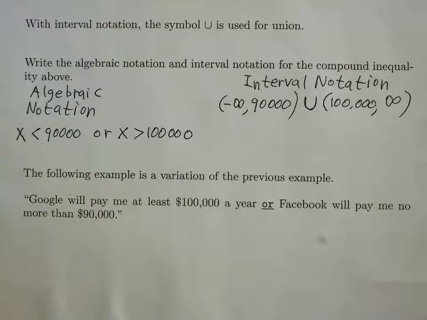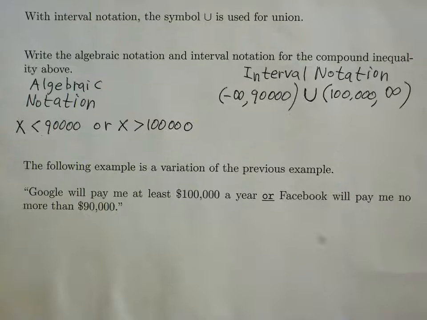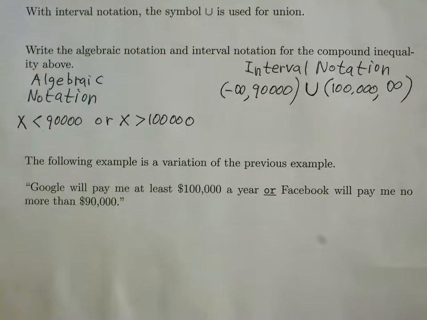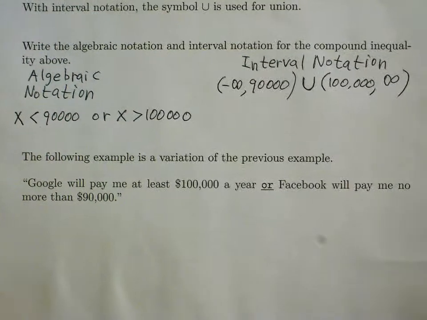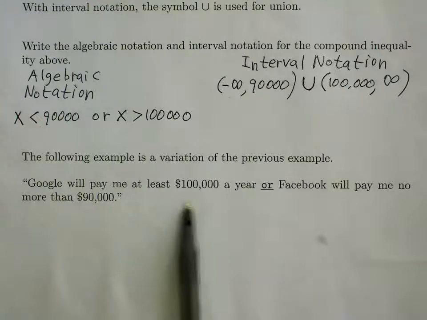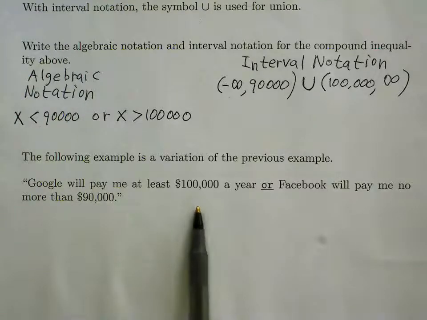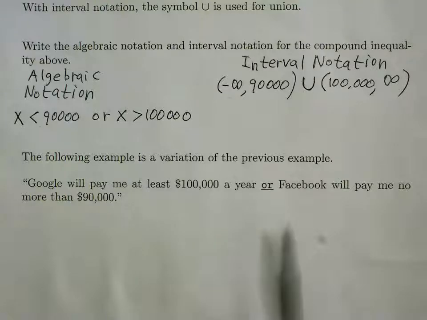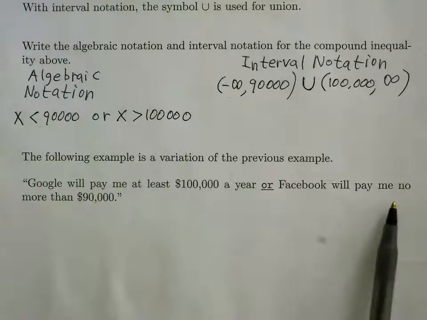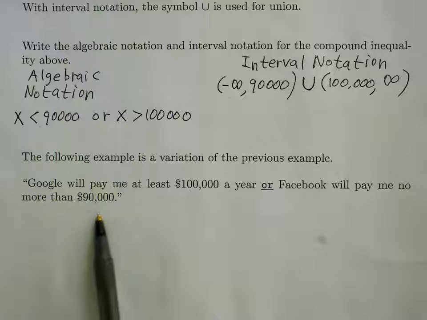Okay, let's look at another example. This one's just a variation of the previous one. Google will pay me at least $100,000. So it's not simply greater than $100,000. It could be $100,000 itself. Or Facebook will pay me no more than 90,000.